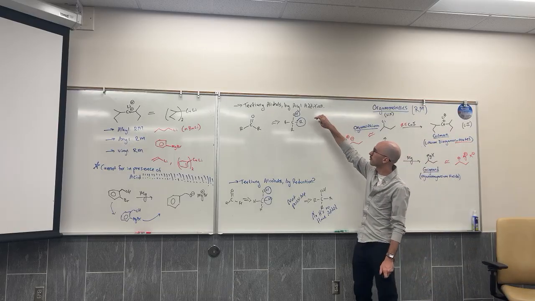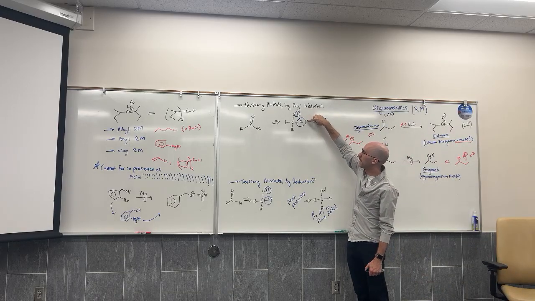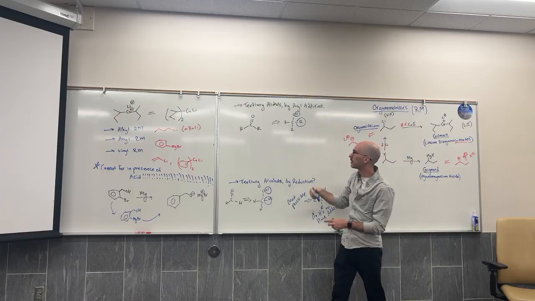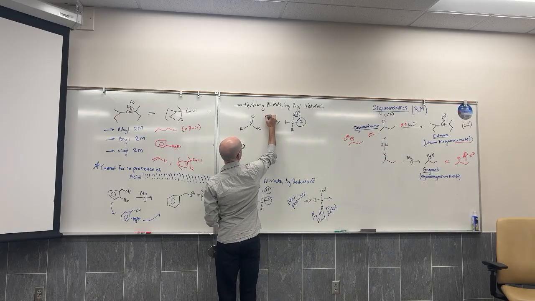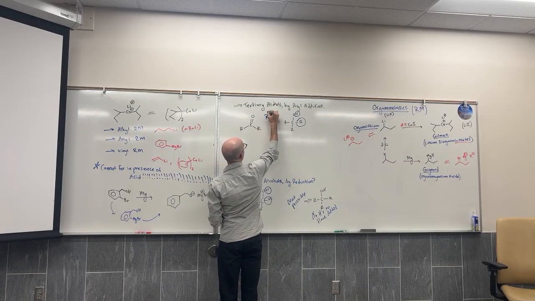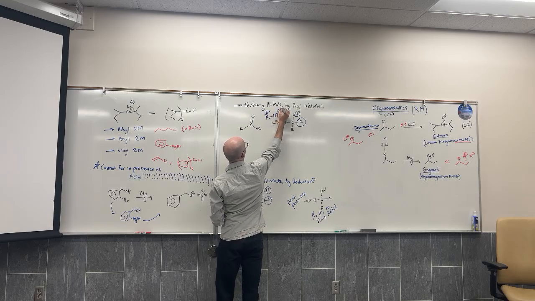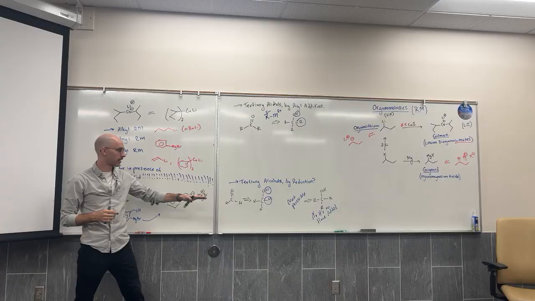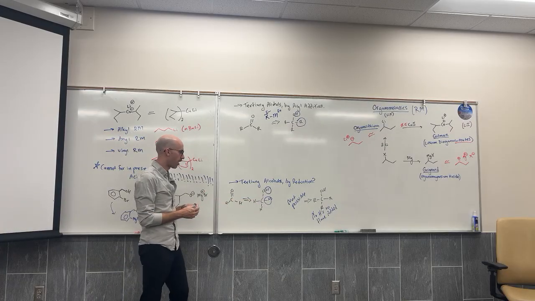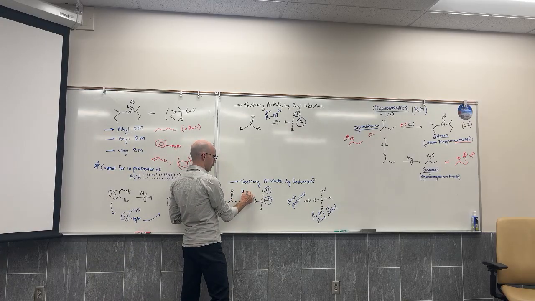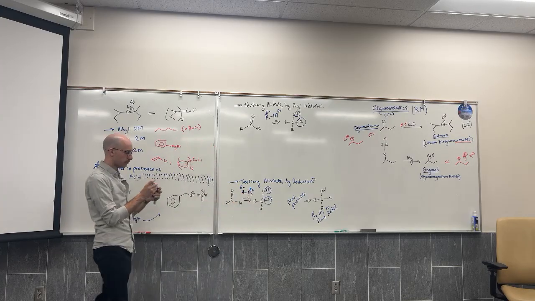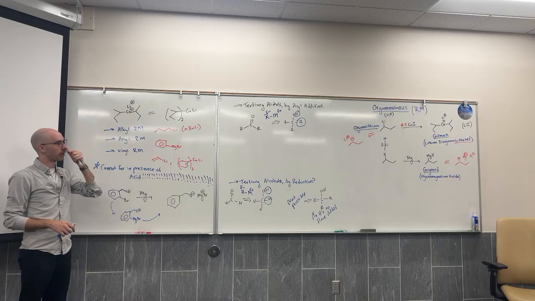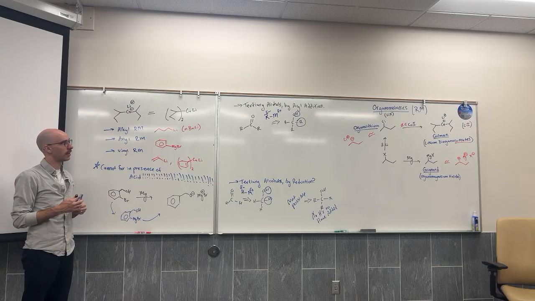So this hydrogen comes from the aqueous workup, and this carbon comes from the organometallic. Just like how the hydrogen came from the hydride complex, we get our carbon from the organometallic complex.